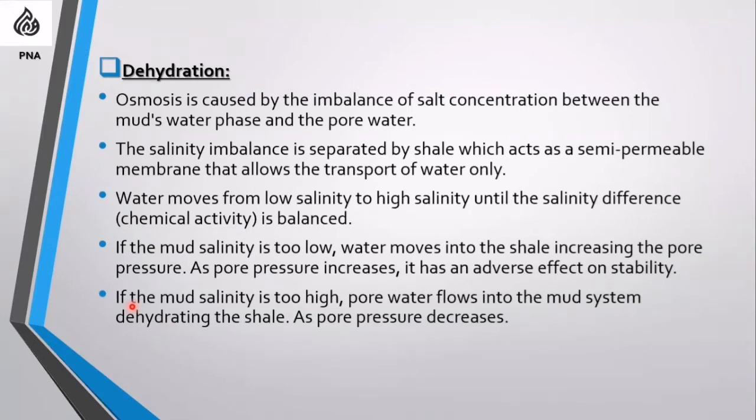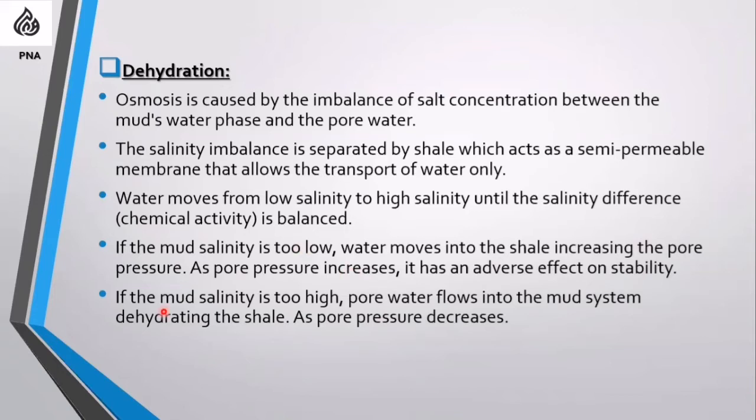So this osmosis transports water only, and water moves from low salinity to high salinity until the salinity difference is balanced. If mud salinity is too low, water will move into the shale, increasing the pore pressure. As pore pressure increases, it has an adverse effect on stability.